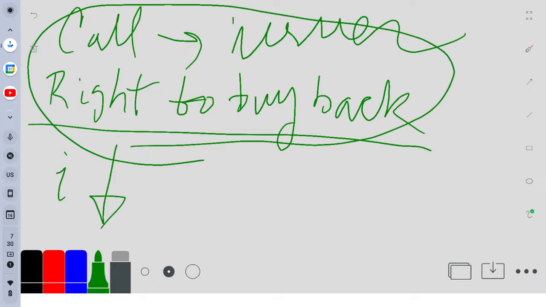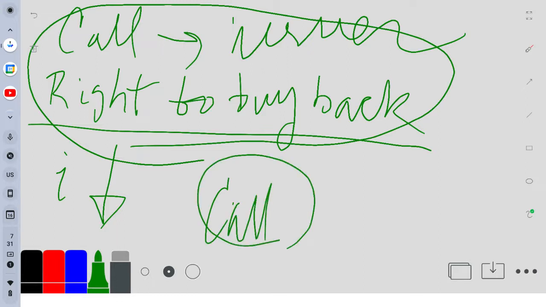It's in the same vein as the call option for stock. But as I said, not all bonds are callable. Only callable bonds are callable. There are bonds that are born as callable bonds, so you have to read carefully.